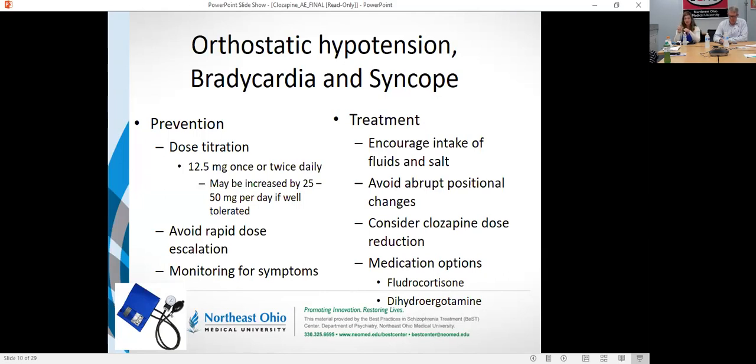If they're not transient and we do need to treat the orthostatic hypotension, the medication options that have the most evidence to support it is the fludrocortisone at doses of 0.1 to 1 milligram a day, or dihydroergotamine.